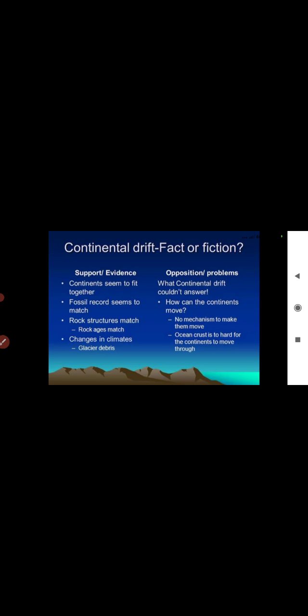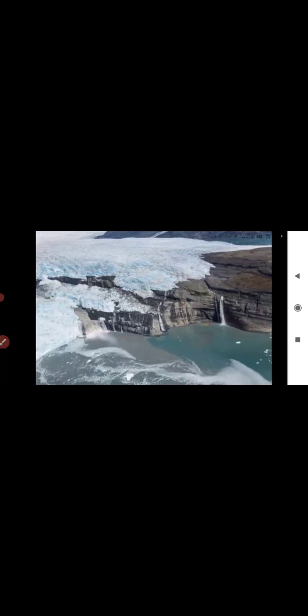The continental drift theory couldn't answer questions like why the continents move. As we know, continents were together, so how did they spread? How did they drift? This was not explained by continental drift theory. When the question arose of how the continents may have moved, the answer of Wegener was something different.